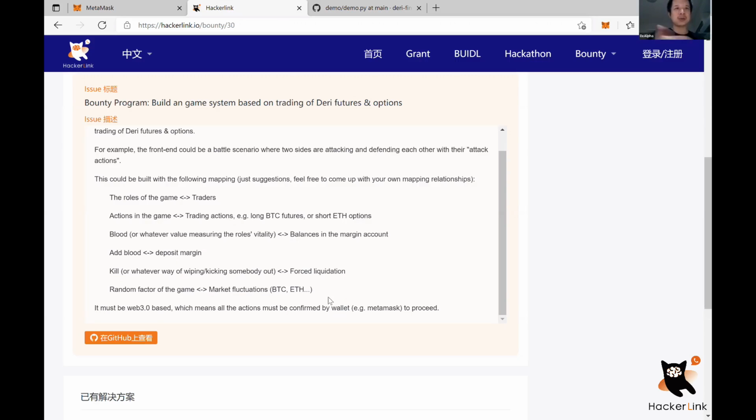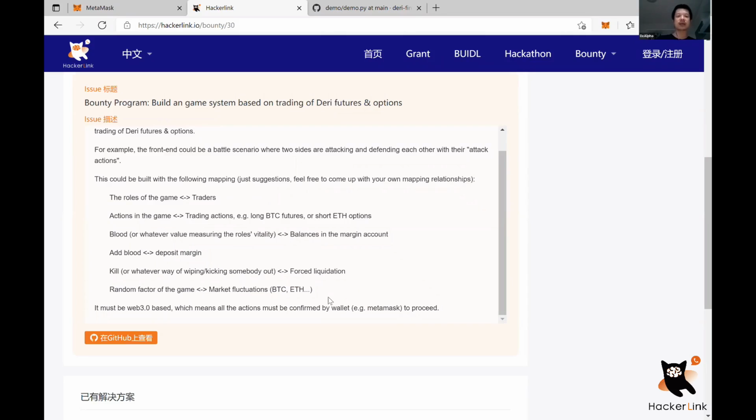And of course, this must be Web3 based, because every trade that we did just now, we needed to confirm on MetaMask. That means it is Web3 based. We need to confirm every action that we do here. For the game, it's the same deal.